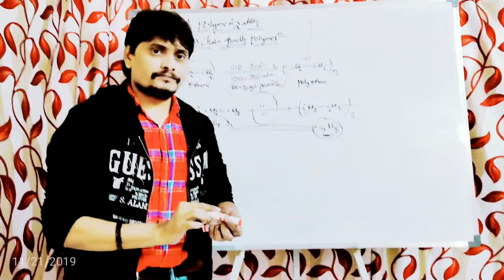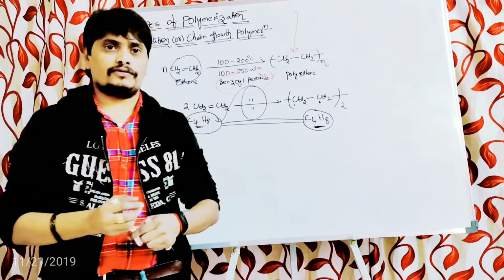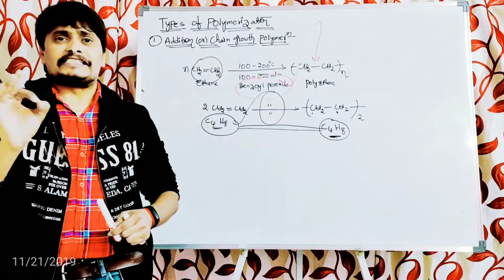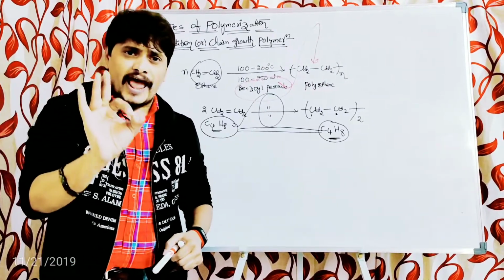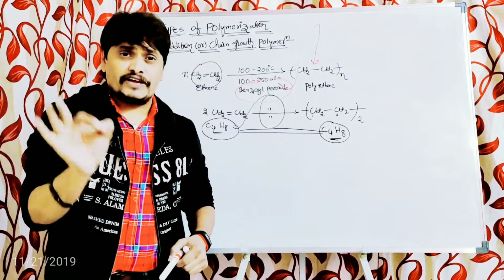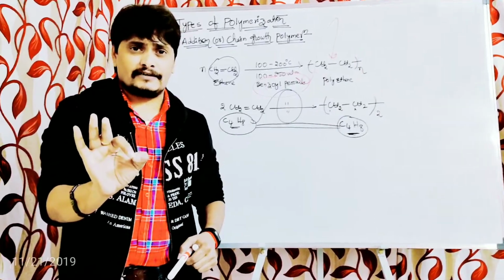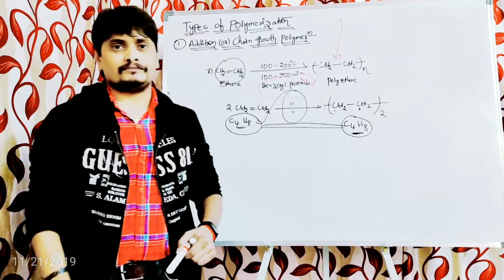Accordingly, the definition of the mechanism is as follows. It is a systematic representation of the overall reaction by which we can know the role of each and every reactant and reagent which is a part of the chemical reaction.